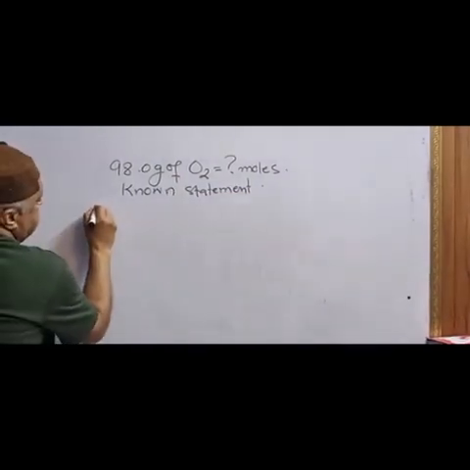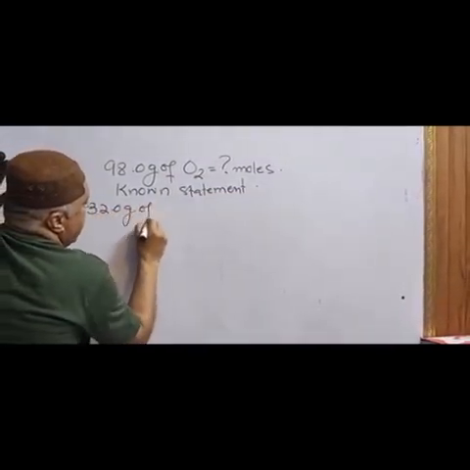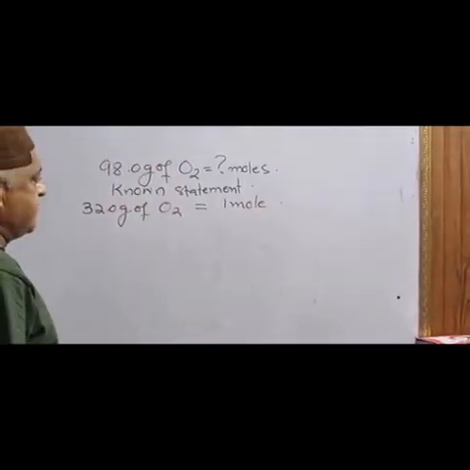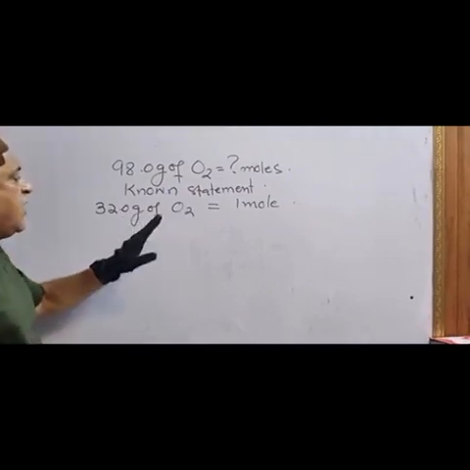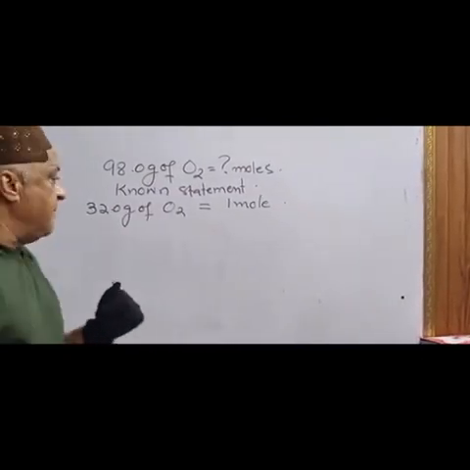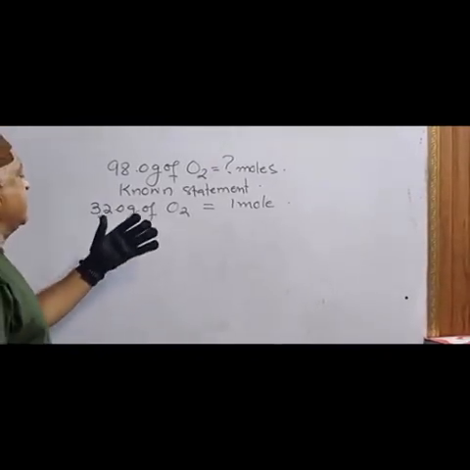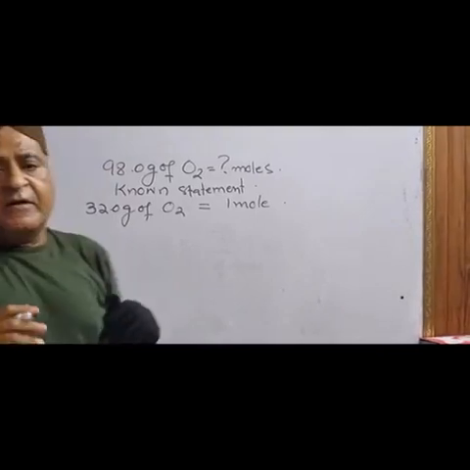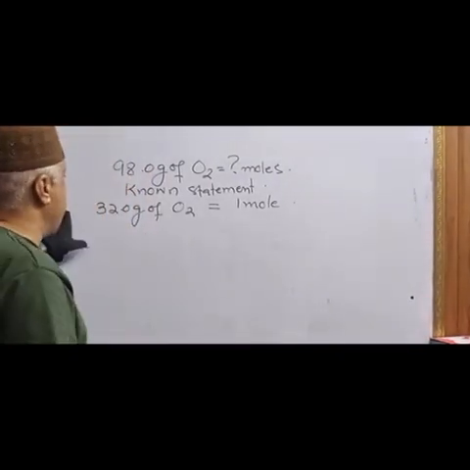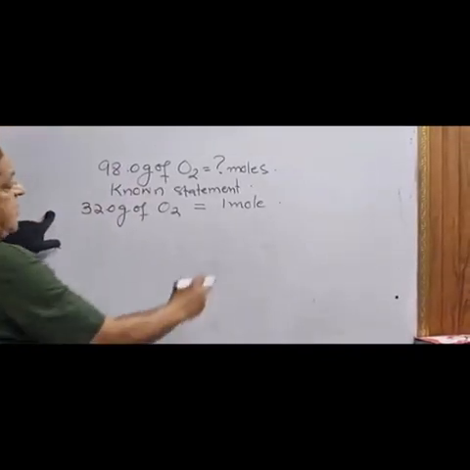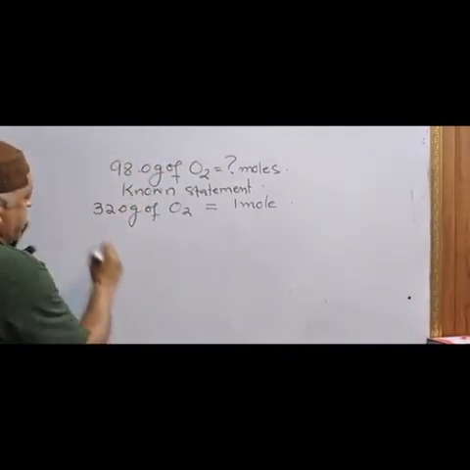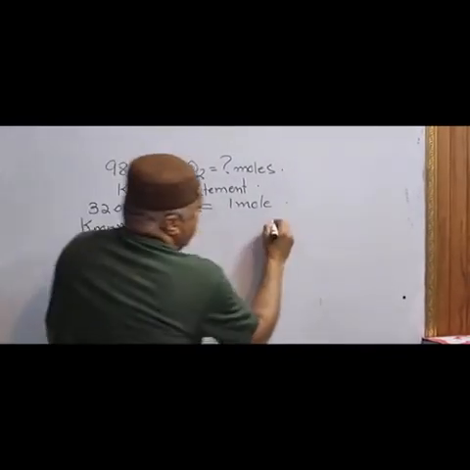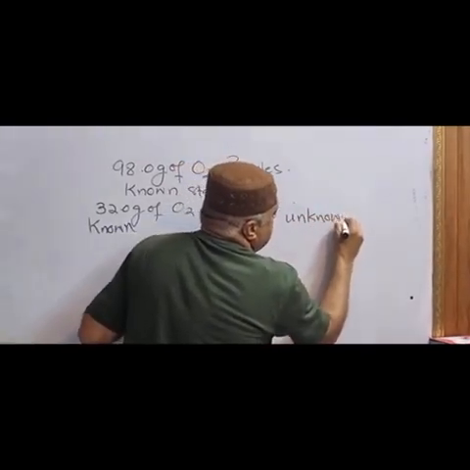Known statement is 32 gram of oxygen are equal to 1 mole. Now, how will you write the statement to solve the problem? The given quantity you will put on the left side and the unknown quantity on the right side. Unknown means we have to find it out.